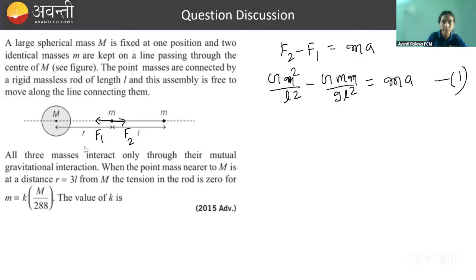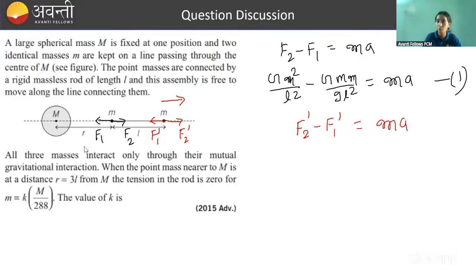Similarly, on the second mass, you write the forces. Let's say on this side, force acting is F1 dash, and this side, force acting is F2 dash. So acceleration we are taking this side. So here F2 dash minus F1 dash is equal to ma.